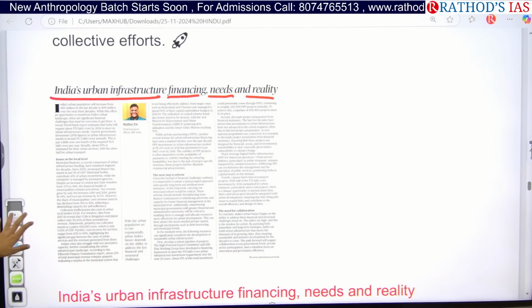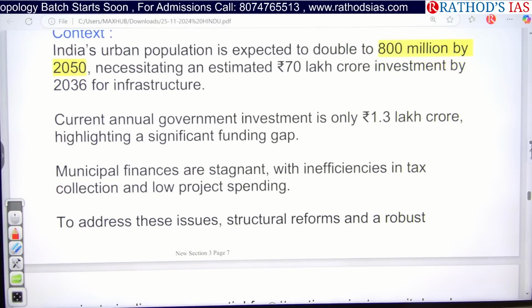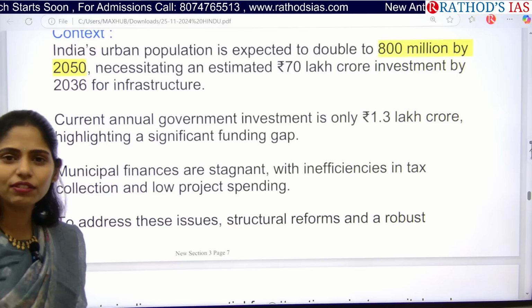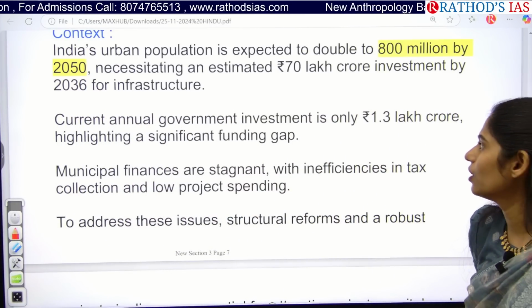Here this article gives a statistic that in India, urban population is expected to double by 2050. By 2050, around 800 million people will be in urban areas. So write down this data.